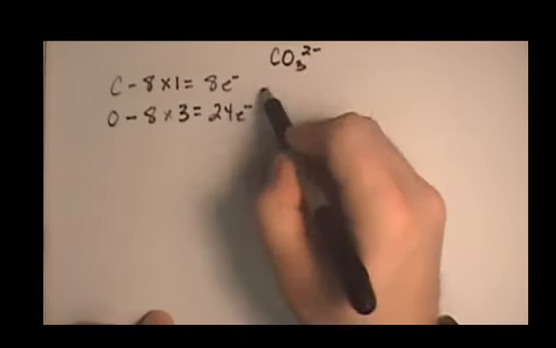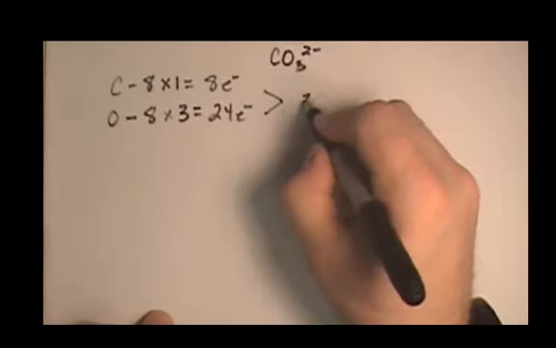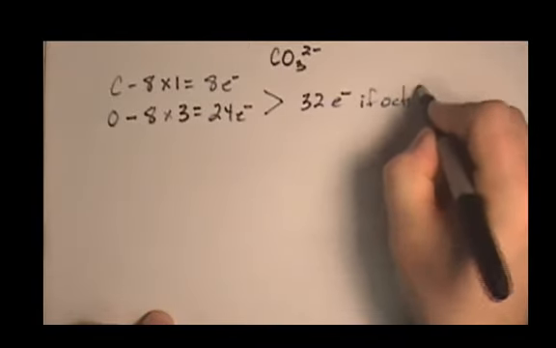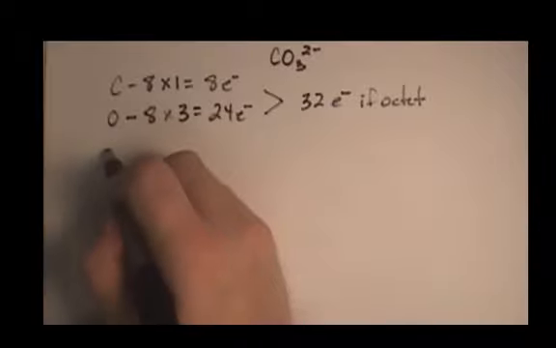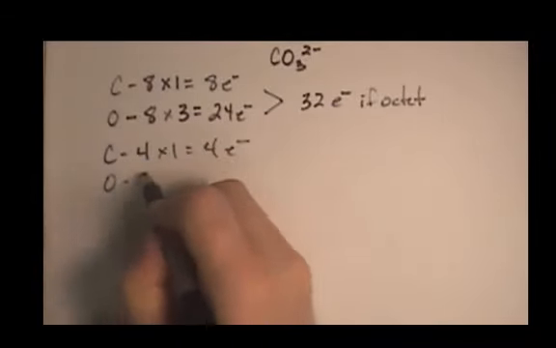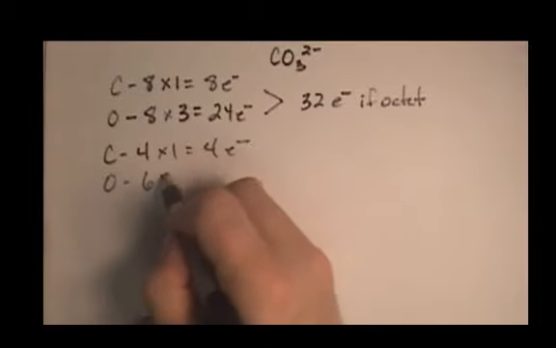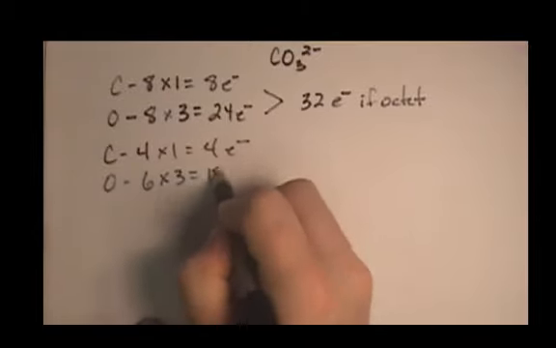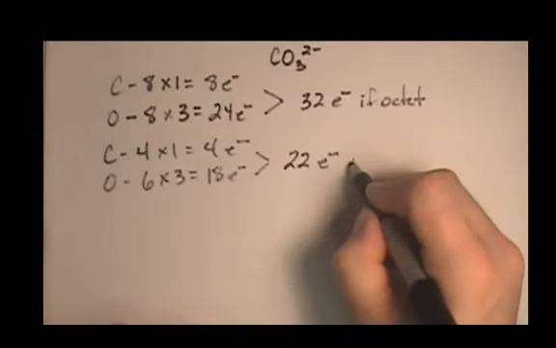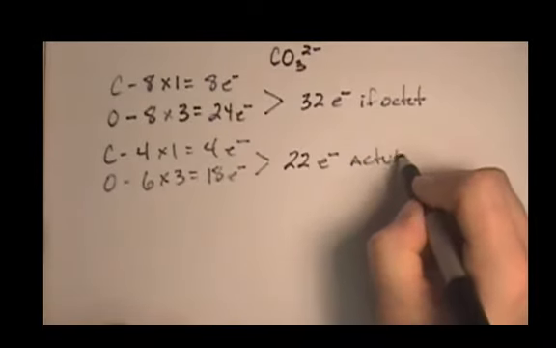That would give us 24 electrons. Total, we would have 32 electrons if they were an octet. The actual number of electrons, carbon has 4 and oxygen has 6 valence electrons. That's going to give us a total of 22 electrons actual.